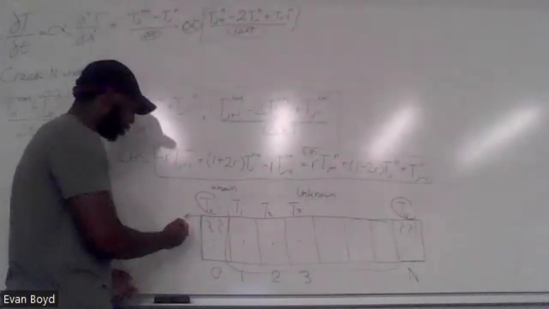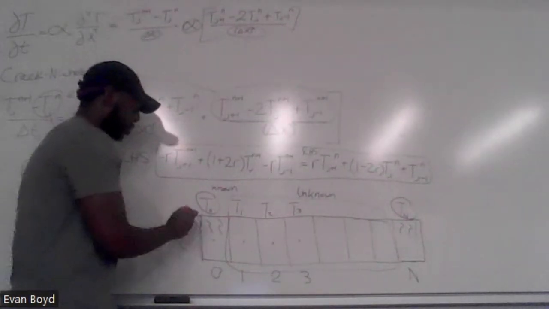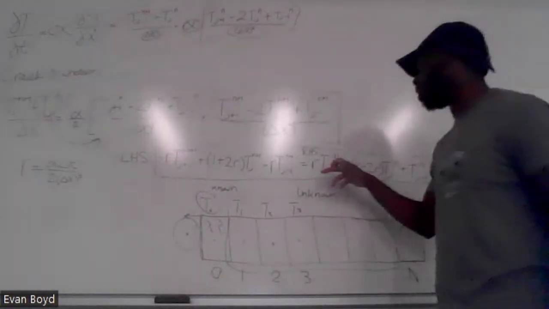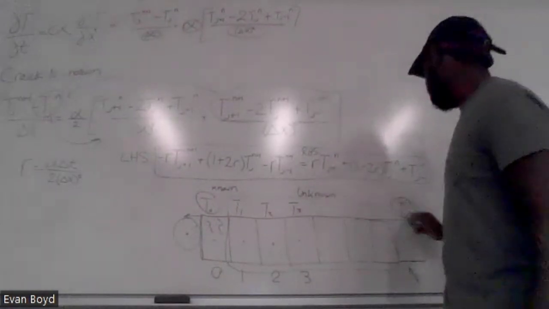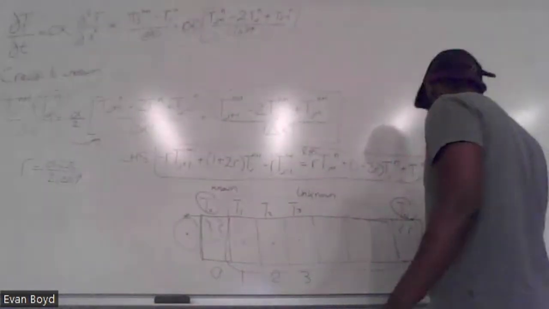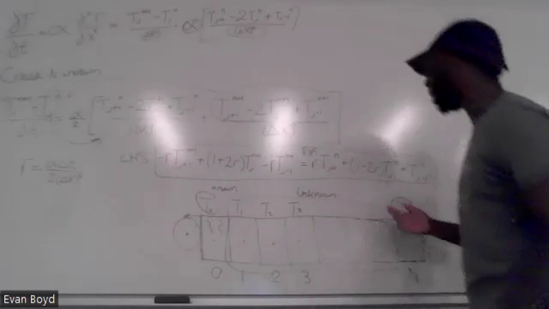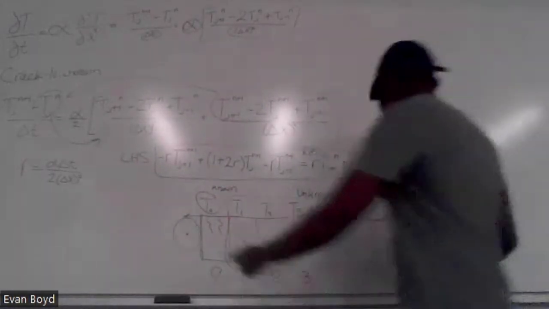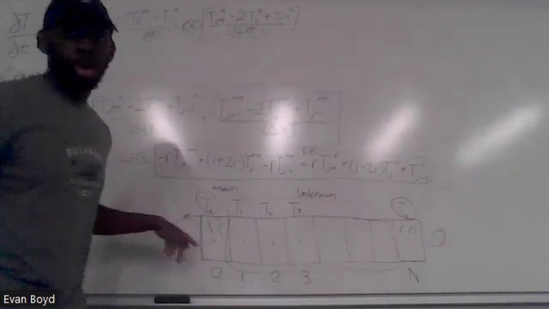Now, on the right-hand side, when we have T of n and we add T of n, well, that would be n plus 1. We need n plus 1, but it's outside the bar. So these two points here are our second unknown.